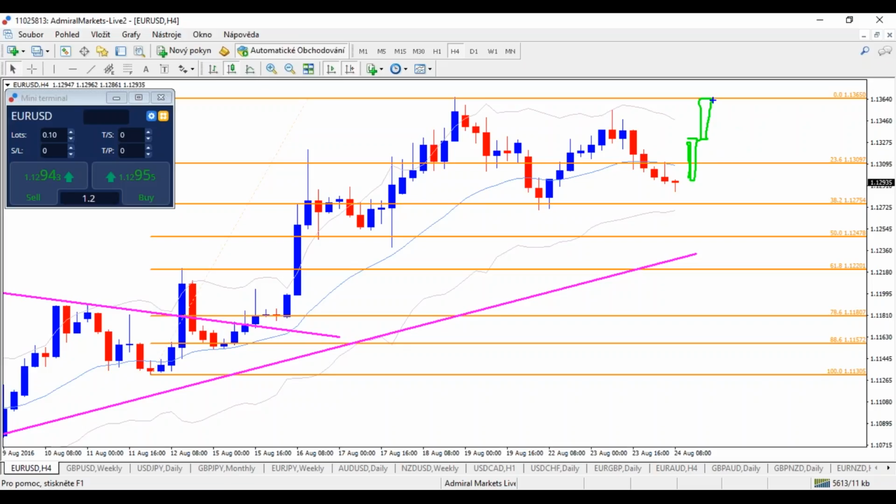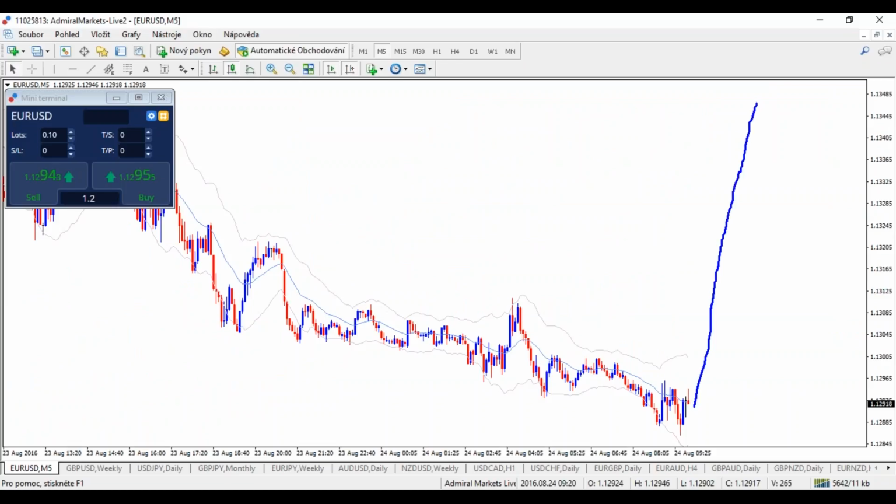That would be one way. Maybe look at lower time frames to see if there's a retracement possible before taking it to the upside. That's always useful, because if you see a good 4-hour candle, perhaps we'll get a bit of retracement. And sometimes looking at lower time frames gives us a bit more information about whether we get that retracement or not. So, for instance, on the 5-minute, we see that price rocketed like this.